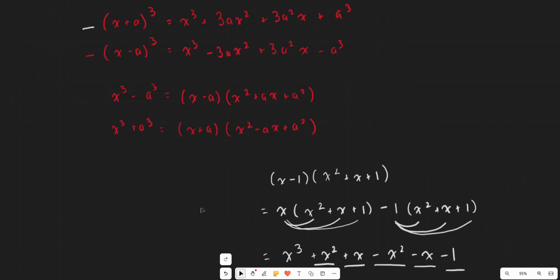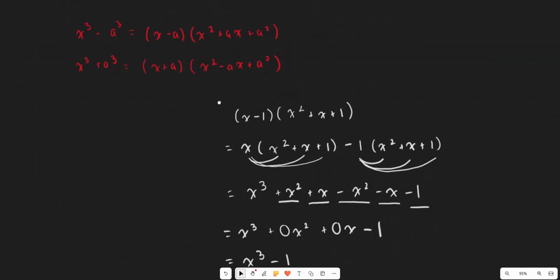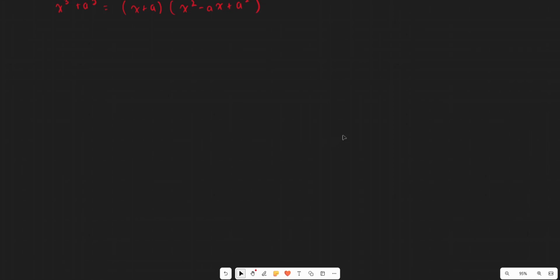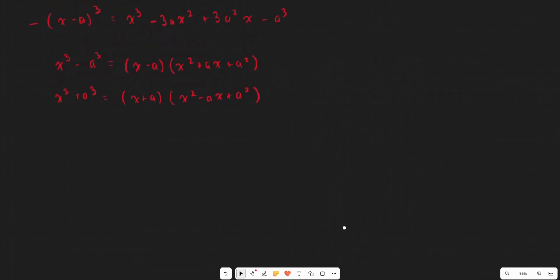And now let's finally do the sum of two cubes using the same method. This time we have to multiply x plus 2 and x squared minus 2x plus 4, which matches this side of the formula.